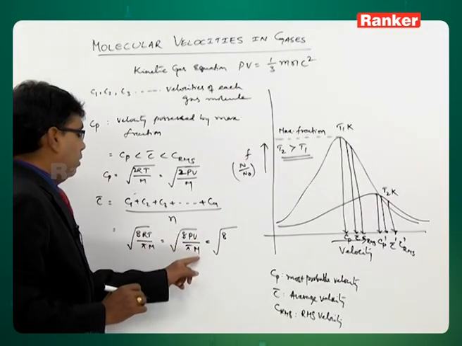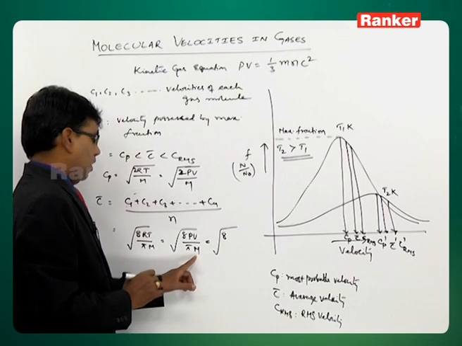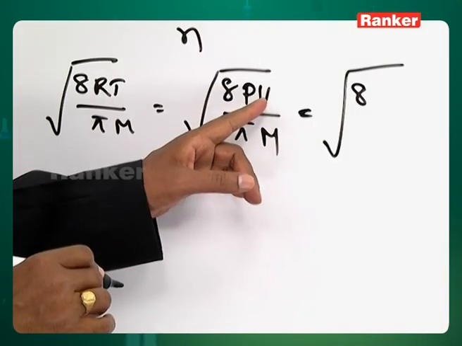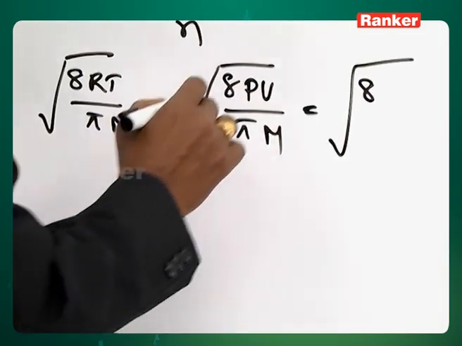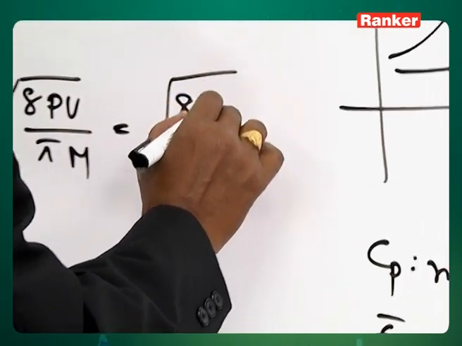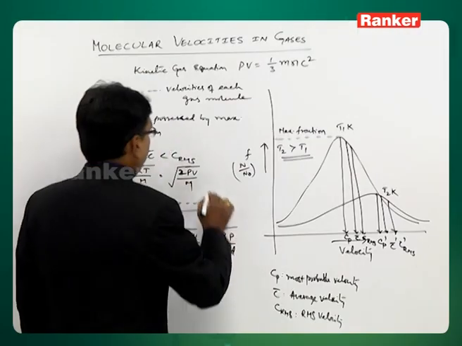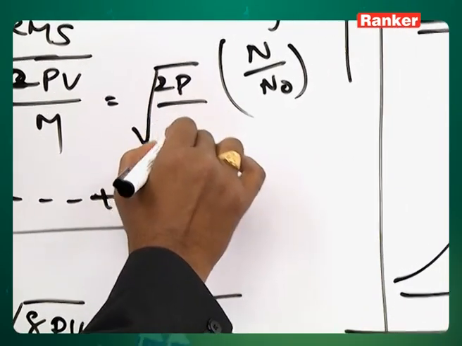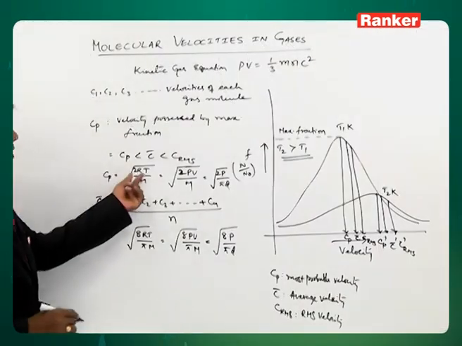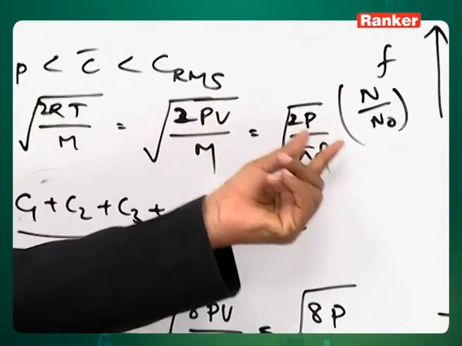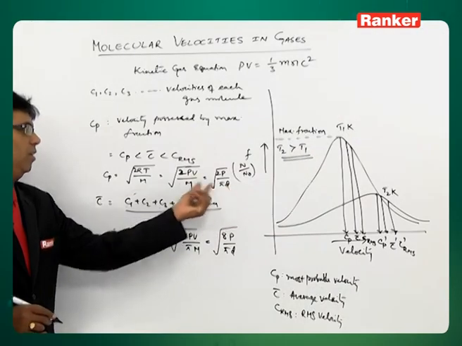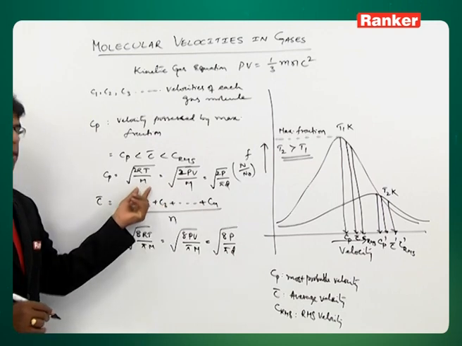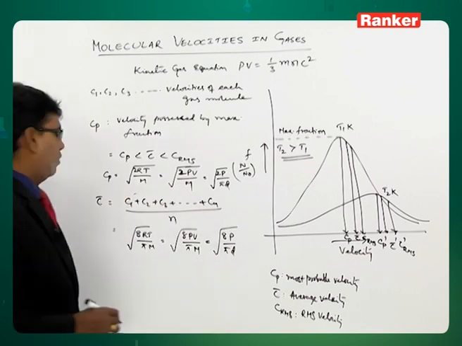And this V by m is nothing but, m by V is density, so V by m is 1 by d. So, under root 8P by pi d. This is in terms of temperature, this is PV, this is d. When density is given, pressure volume are given, temperature is given, these are the different formulae that we take.